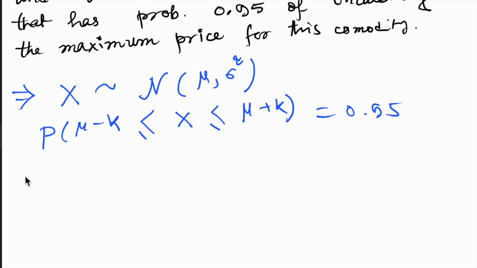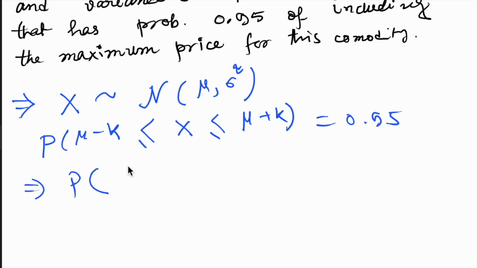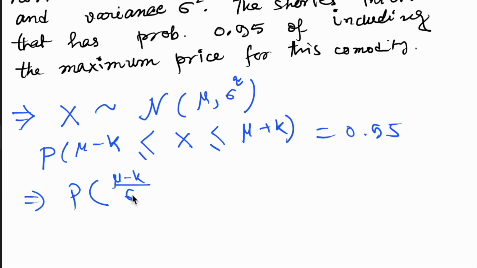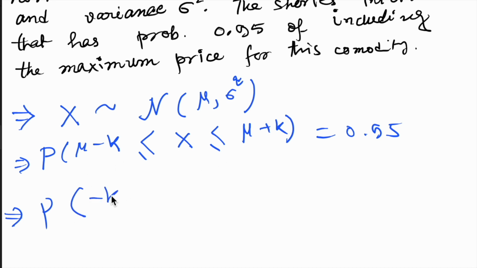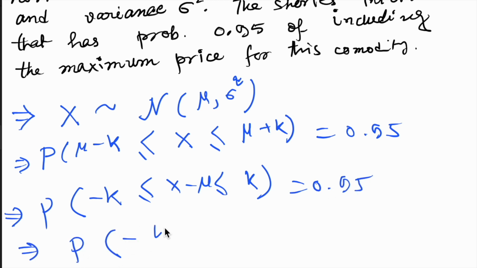Now, if I subtract mu from every term, we get minus k less than or equal to x minus mu less than or equal to k, with probability 0.95. Dividing by sigma, this is the probability that minus k by sigma is less than or equal to x minus mu by sigma, which is z, less than or equal to k by sigma, is 0.95.